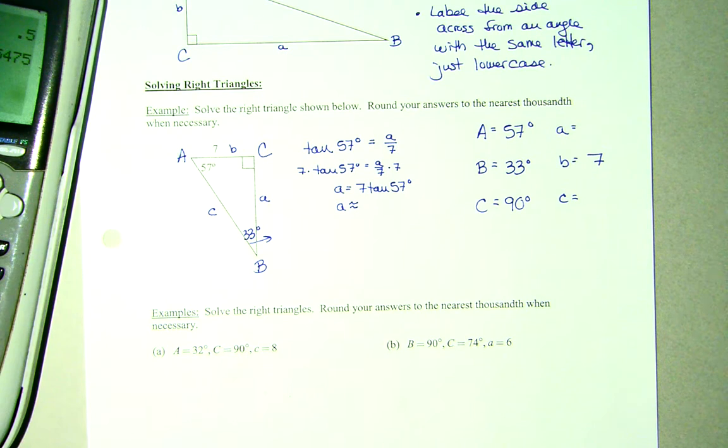Unless I tell you otherwise, let's go to the nearest thousandth, which, by the way, means how many places? 3. Oh, good. And not just cutting off, but rounding. Round appropriately. Do you want decimal?